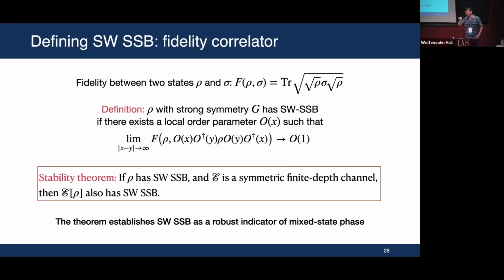I'll come back to this point. That's enough for the purpose of establishing, for example, the phase diagram in certain examples. But in the case of quasi-local, the bound is not as strong as the finite depth case.